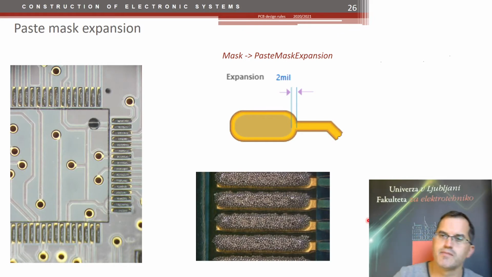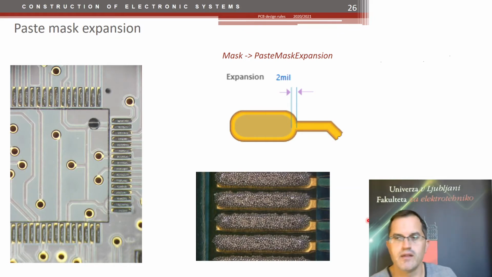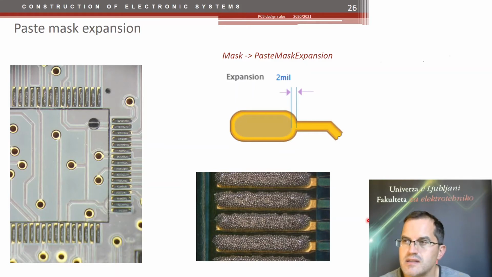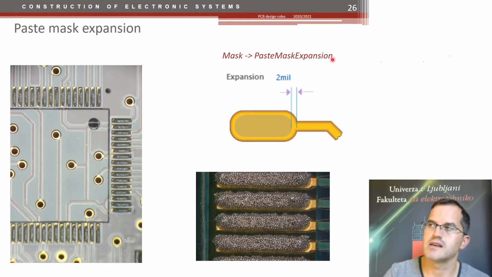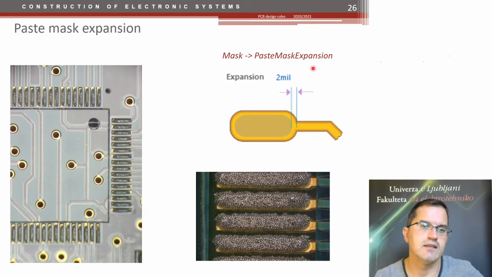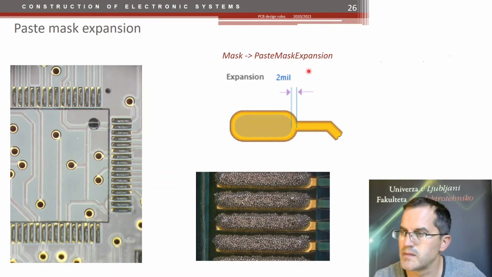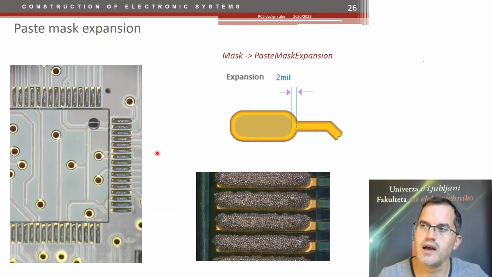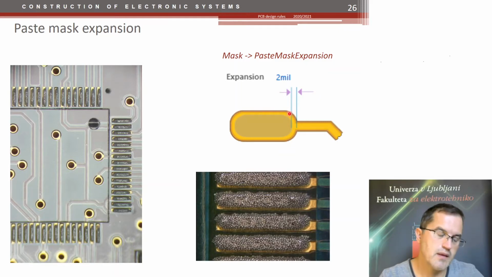Paste mask. Paste mask is another mask that we should set the properties for, and the rule that I show here is paste mask expansion. The paste mask is actually a stencil that is used to print the solder paste. And I already mentioned in the previous lecture that the paste mask should be decreased a little bit.